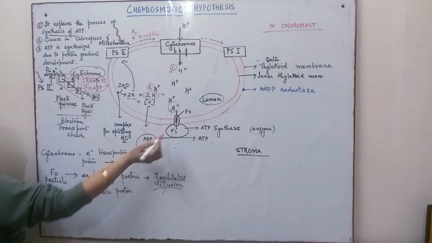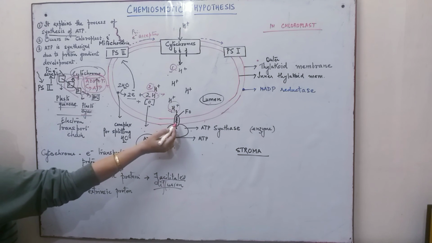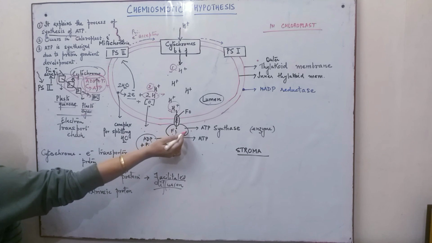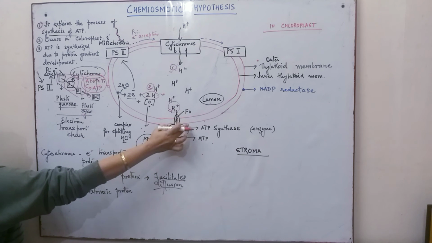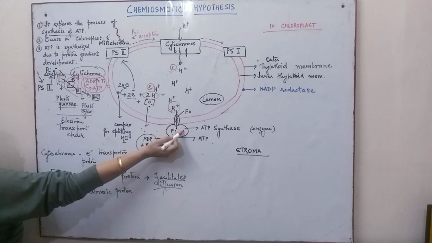Now F1 is an extrinsic protein, or extrinsic particle, because it is present towards the stroma and on the outer side it comes out. It is not embedded, it is on the outer side of the thylakoid membrane towards the stroma, and it is also the ATP synthase.